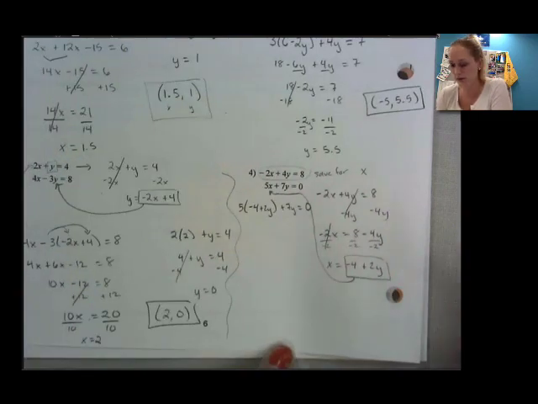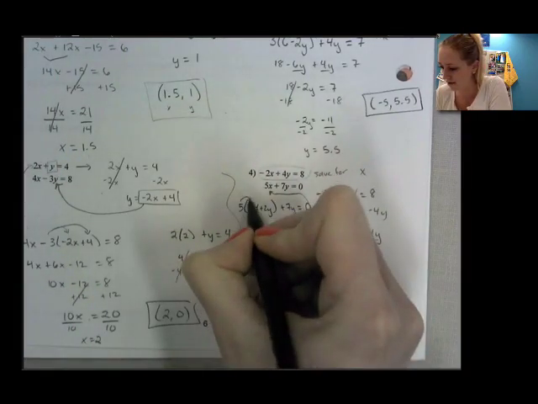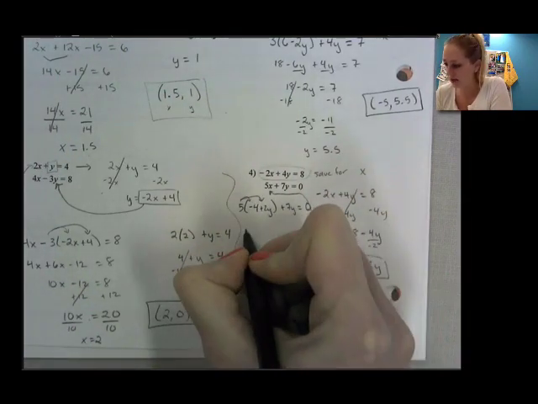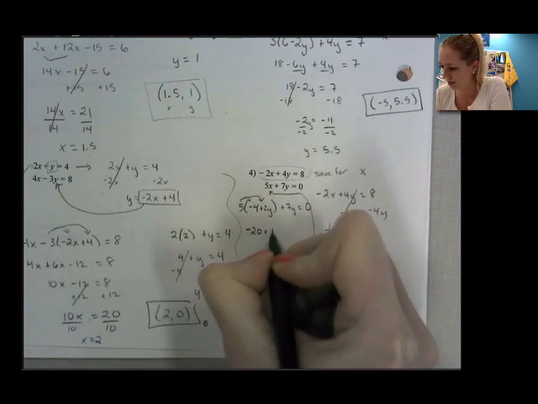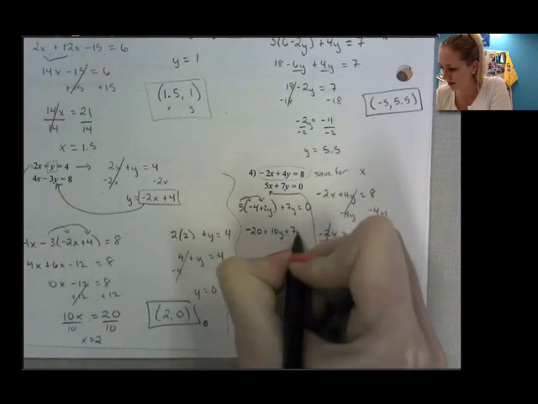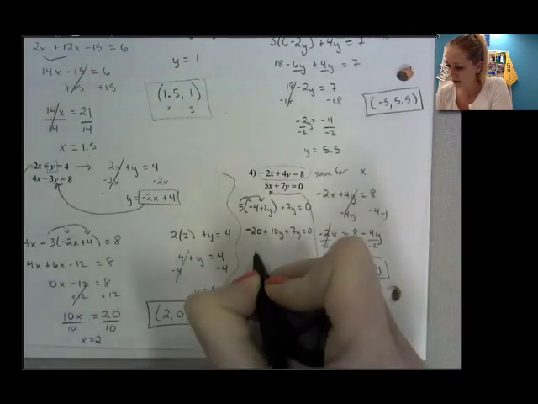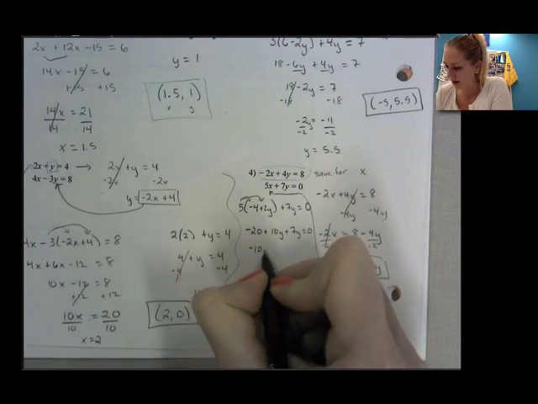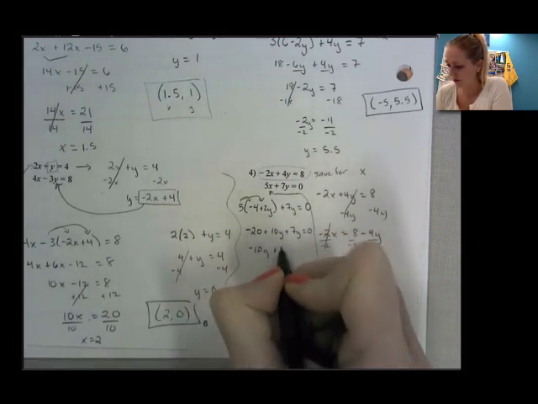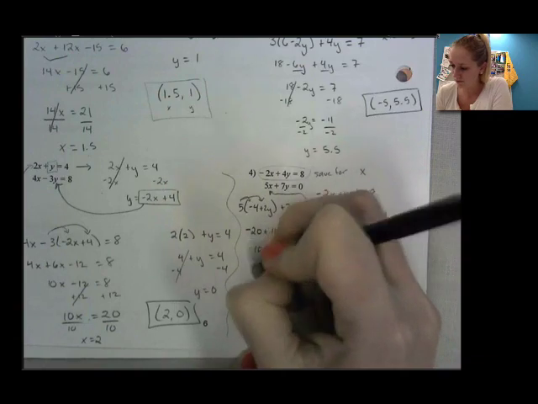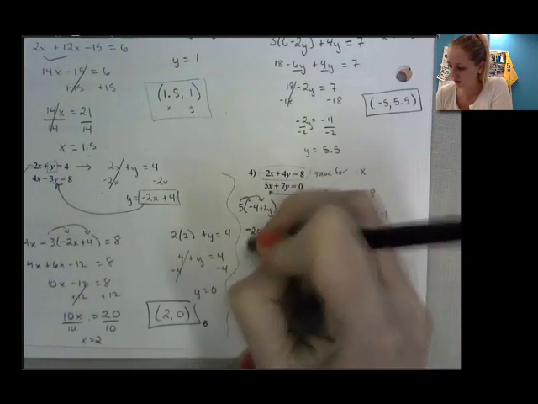So I'm solving this bottom one now. Distribute our 5. So I get negative 20 plus 10y plus 7y equals 0. Negative 10y, that's what I get when I combine my like terms. Oh, no it's not, because those are not like terms.